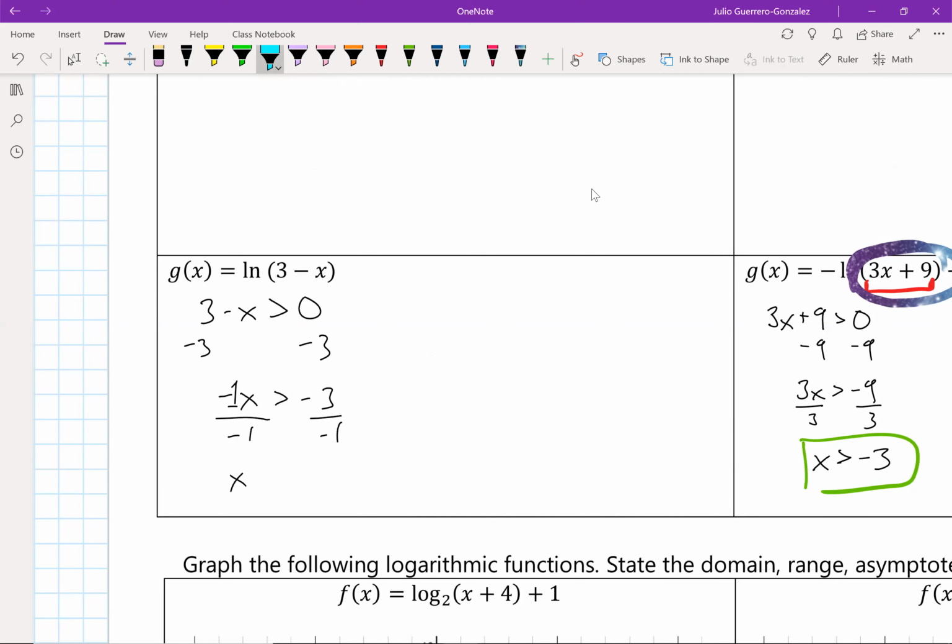So what am I doing there? Putting a negative on the other side. If I divide by a negative, what needs to happen? You change the sign. Right. This thing points the other way now. So now we have this. What's the domain? Negative infinity to 3. Right.